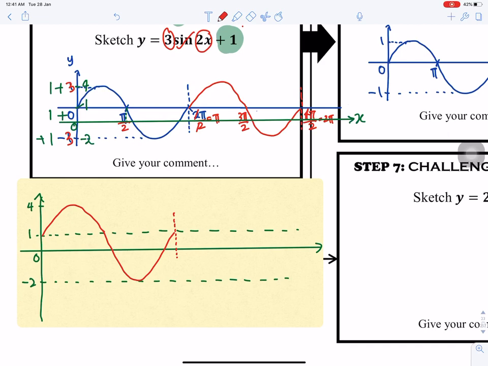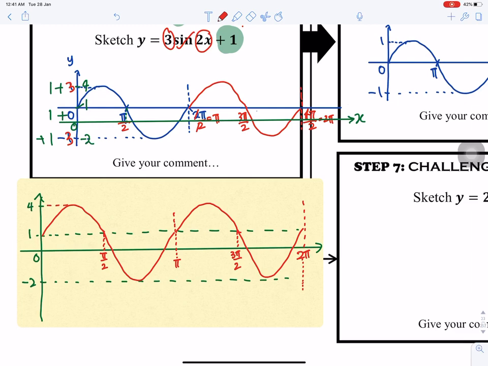Okay, and then another 1 complete cycle, so this is the nice one. This is pi over 2, pi, 3 pi over 2, and 2 pi.